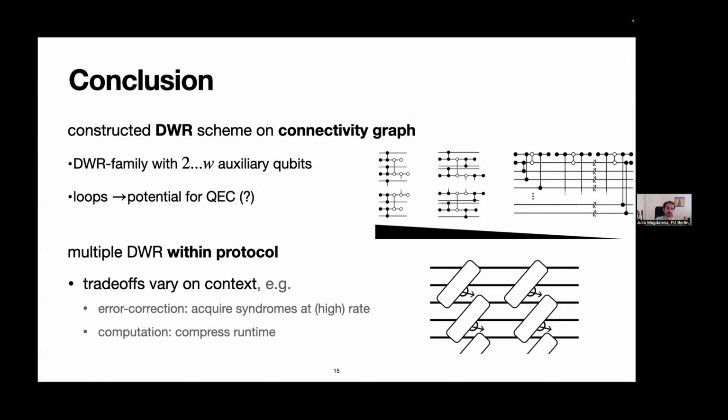So the main result of this paper is constructing a DWR of weight 2 from a given connectivity graph. This very naturally leads to a family with an increasing number of auxiliary qubits, effectively not caring about connectivity, but just using this construction as a helping tool to construct these circuits by taking a bipartite graph with some auxiliaries and some physical qubits.